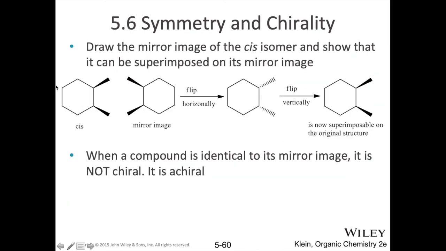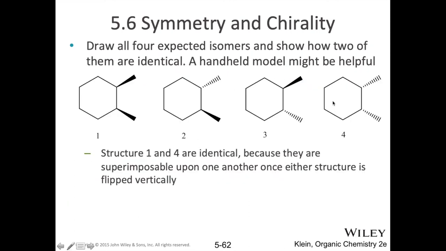Here's molecule 1, here's molecule 4, but it's the same thing if you flip it 180 degrees. So 1 and 4 are the same thing. So even though mathematically it seems like there's 4 different ways to draw this, there's actually only 3. Only 1, 2, and 3 are unique molecules.